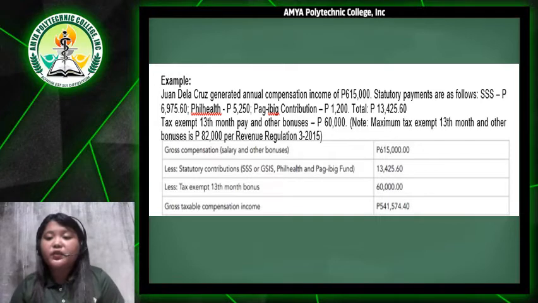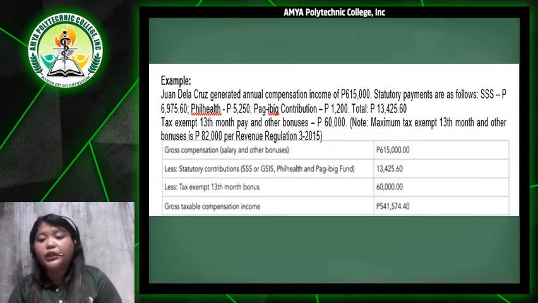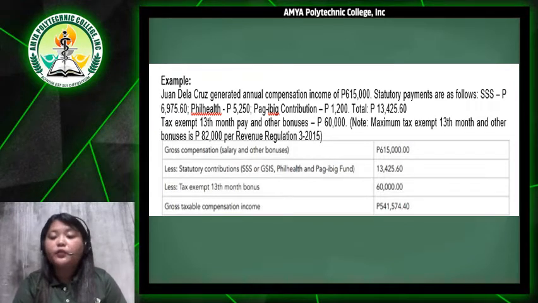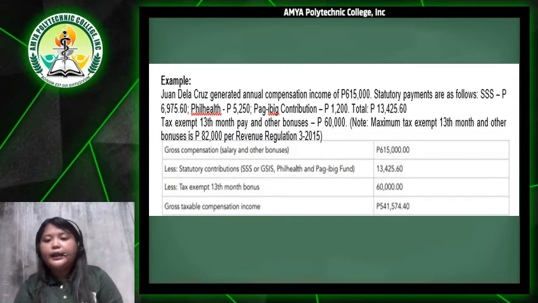We have to note that the maximum tax exemption for 13th month and other bonuses is 82,000 pesos per Revenue Regulation 3 of 2015. Now our gross compensation for the salary and other bonuses again is 615,000.